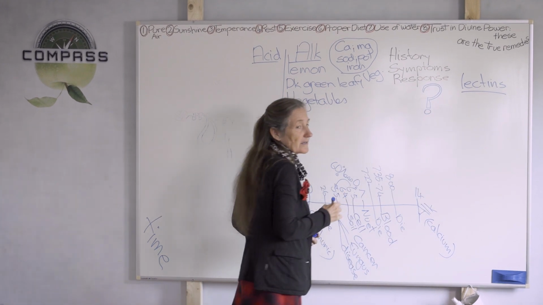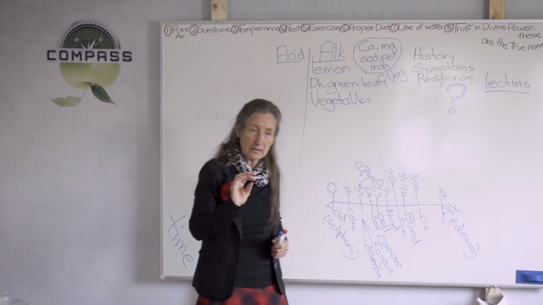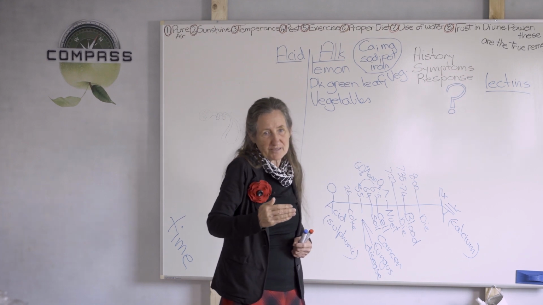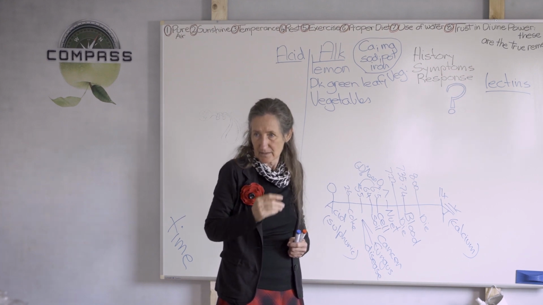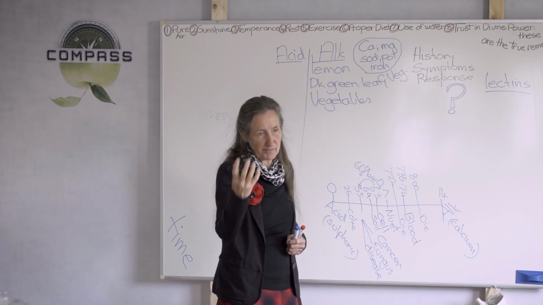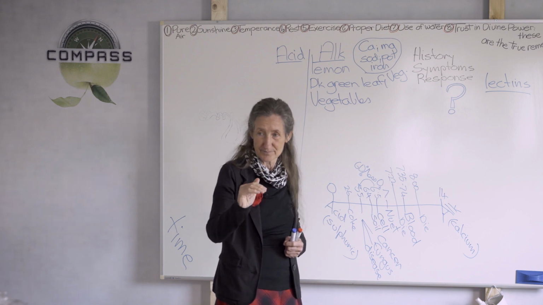And these are high in lectins. Have you heard of lectins? Lectins are a component of the plant that's almost like a protection for the plant. So unripe fruit is very, very high in lectins. But ripe fruit is quite low.